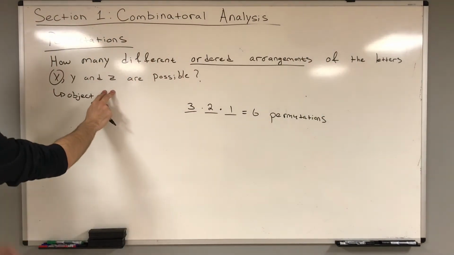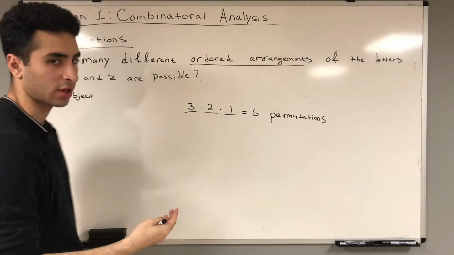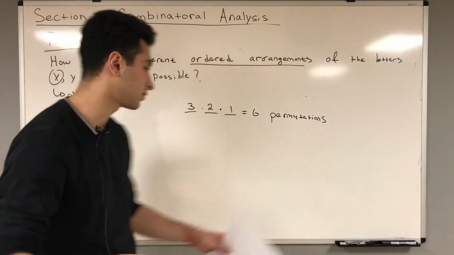So here we had 3 objects, right? X, Y, and Z. Now I want to generalize it for more than 3 objects. What if I say n objects, right? N objects.